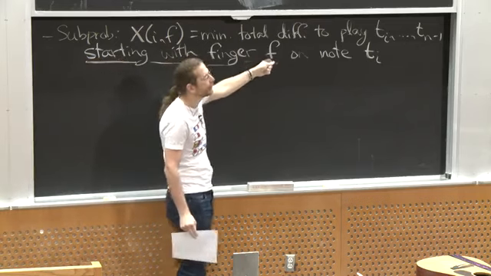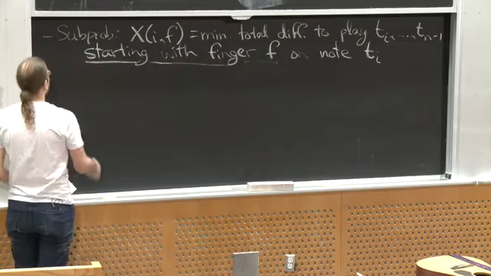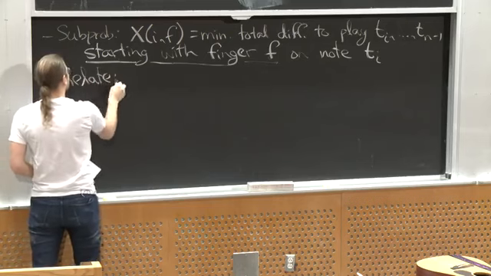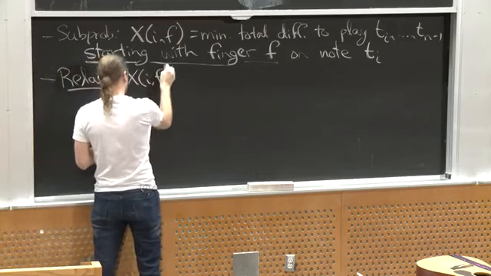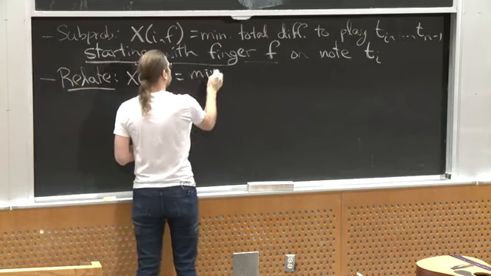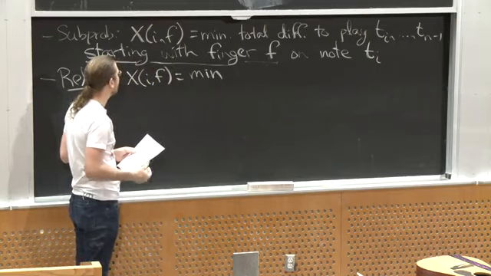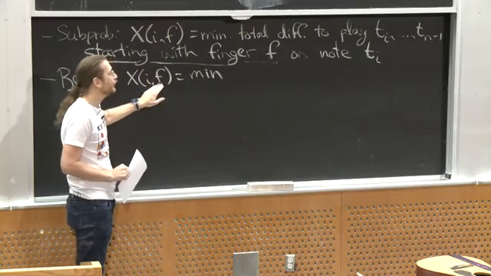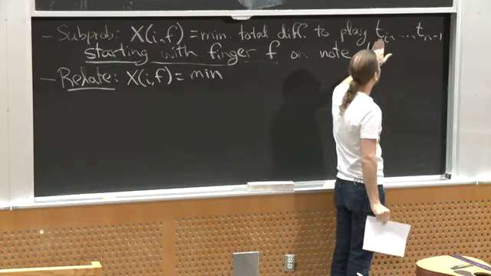finger? What if I started with my second finger? What if up to the 5th finger? Try them all. Okay, then it turns out I can write a relation, which is x of i f equals the min. What should I min over? I'll just guess this. I'm already told what my first finger is to use, which finger I should use for ti. So what's the next thing that matters?